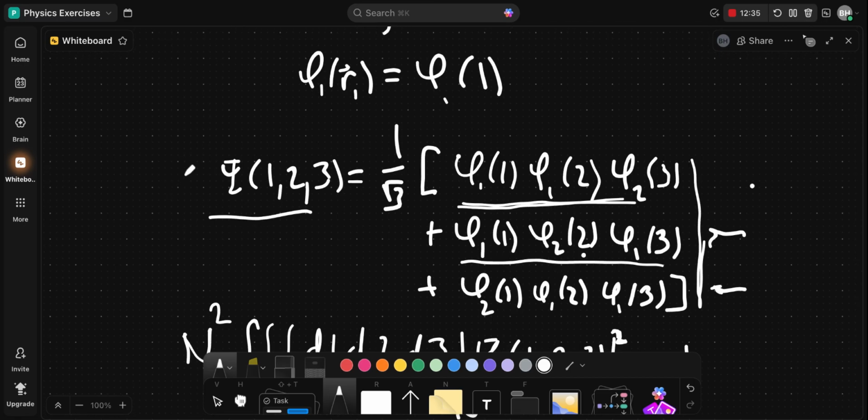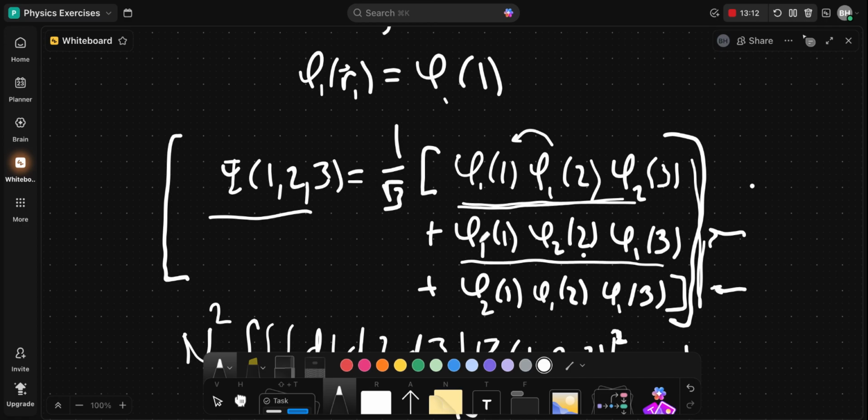Okay, so now we did this. Let's analyze this wave function a little bit. Here's our wave function with its 3 terms and 1 divided by the square root of 3. This is a sum over permutations, but only over distinct permutations. In other words, if we permute 1 and 2 in this term, nothing happens. So we only have distinct permutations. If you considered all permutations of the coordinate indices 1, 2, and 3, you would have more than 3.